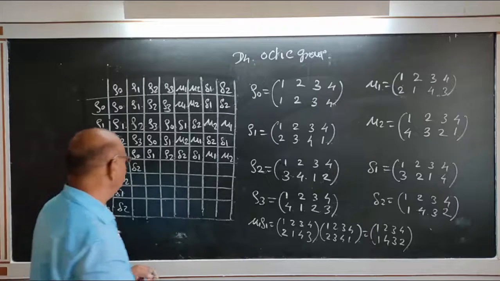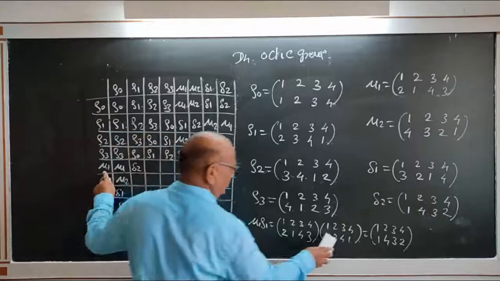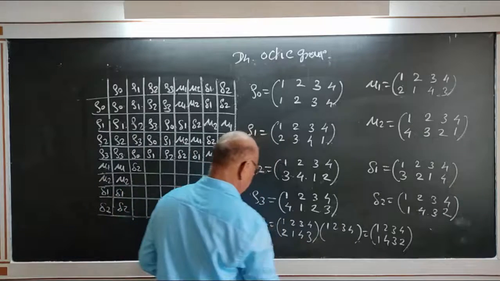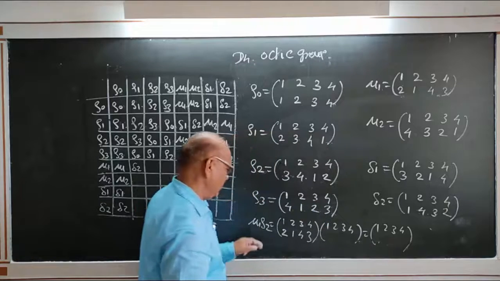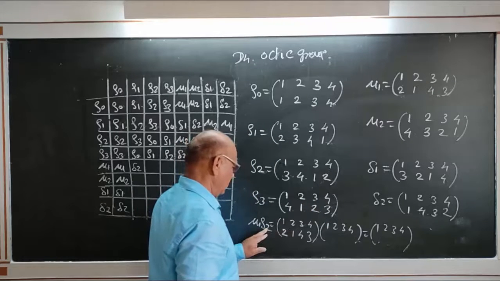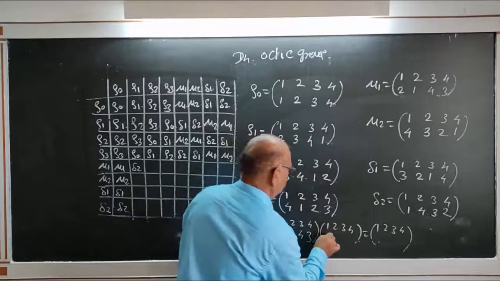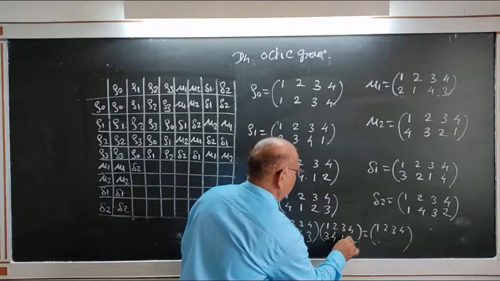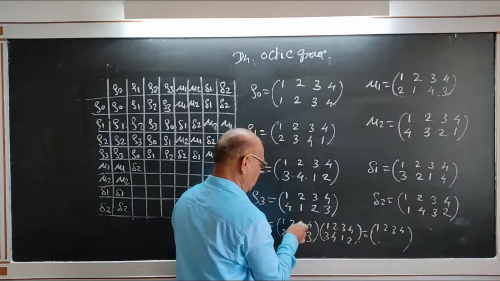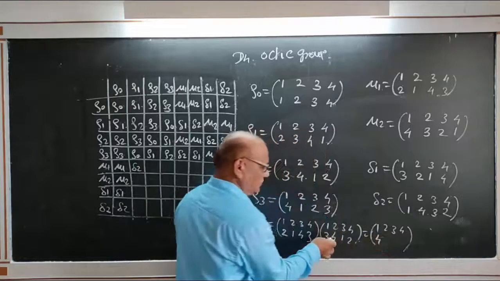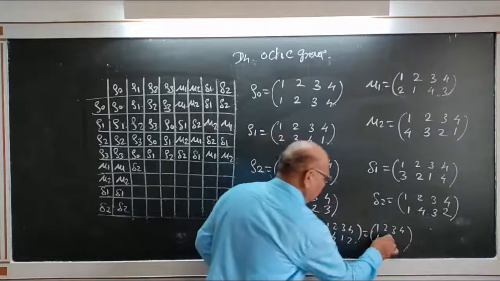Okay. Now mu 1 into row 2. Row 2 is 3, 4, 1, 2. And see here, 1 goes to 3, 3 goes to 4. 2 goes to 4, here 4 goes to 3.